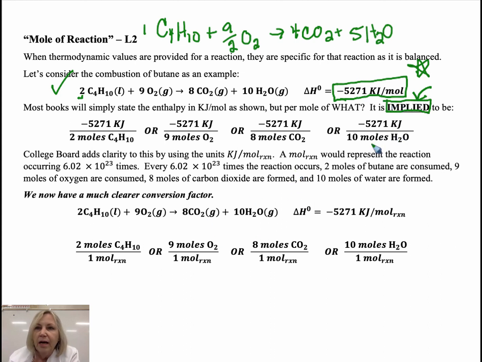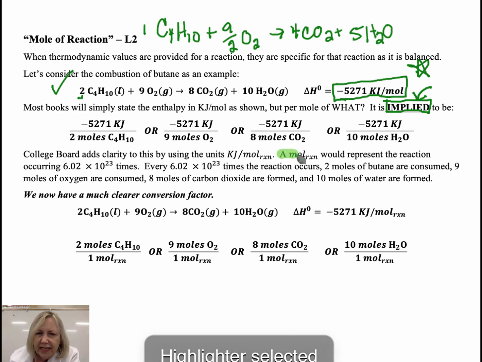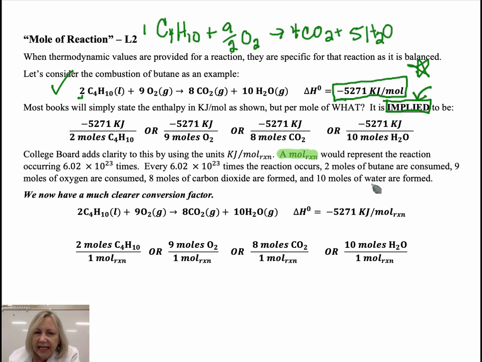So what is a mole of reaction? That sounds kind of odd when you think about it. How do we have a mole of reaction? Well, let's think about it, and I thank Paul Price for this. Let's represent that as if the reaction happens a mole of times, so 6.02 times 10 to the 23rd times.